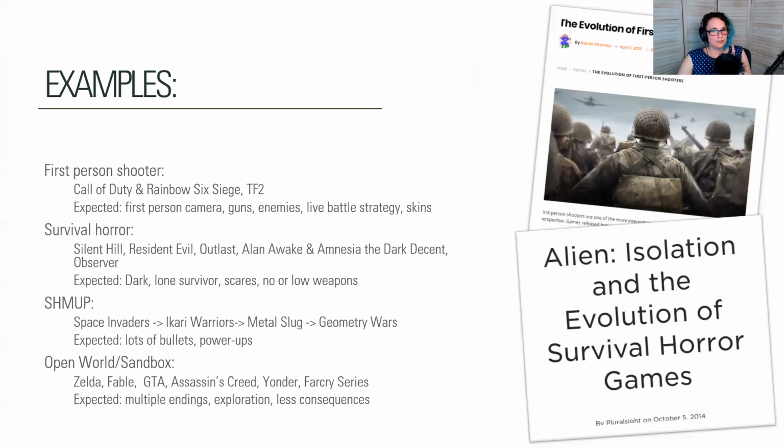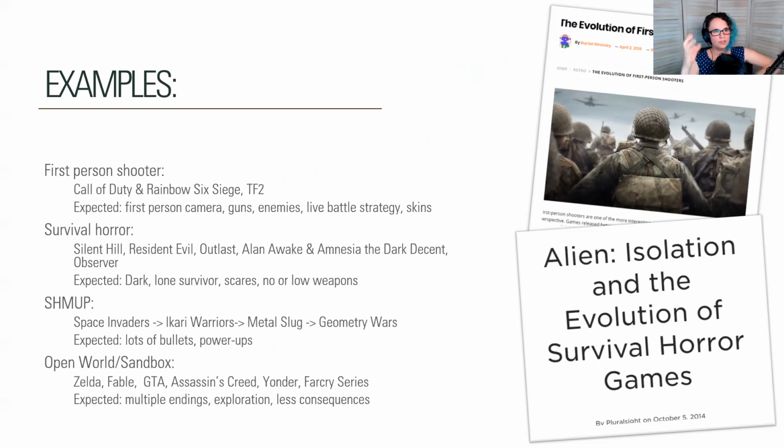So examples are first-person shooter. So games like Rainbow Siege, TF2, Call of Duty. You've got a first-person camera, which means that you see it from their perspective, which most people will know from, say, film. You've got, most of the time, guns.